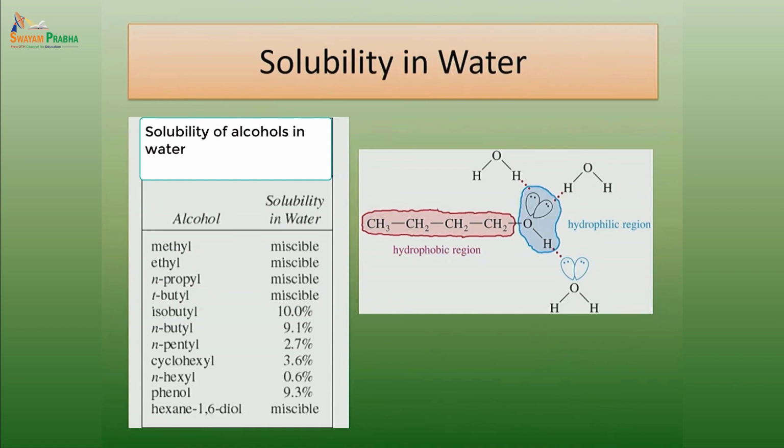If we look at this table, the first four are freely miscible with water, that is, they are water soluble, whereas when we go to the higher alcohols, for example n-hexanol, it is only 0.6% soluble in water. The water molecule forms a hydrogen bond with the alcohol's OH group. The hydrogen forms a hydrogen bond with this oxygen.